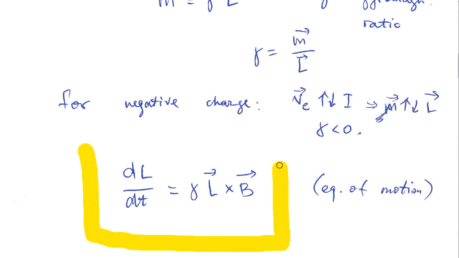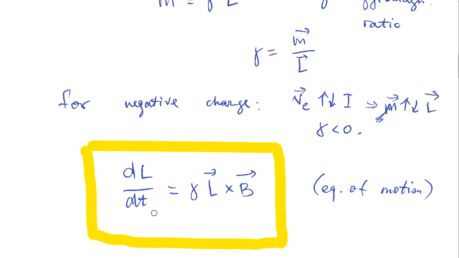dL/dt is gamma L cross B. L is angular momentum, B is magnetic field, gamma is the gyromagnetic ratio.